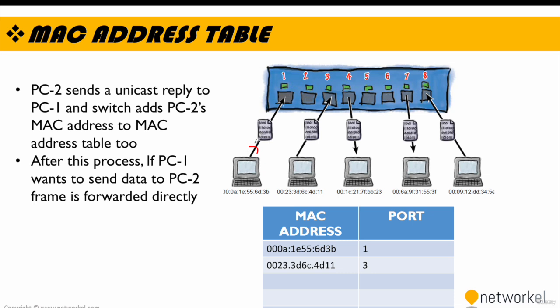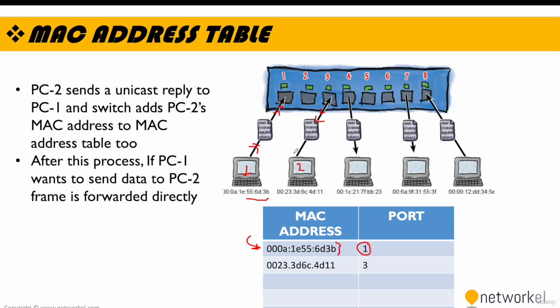PC1 has sent some frames destined to PC2, right? And what the switch did was just add PC1's MAC address to its MAC address table and note that on port 1 it has this MAC address, okay, and this is how it is added.